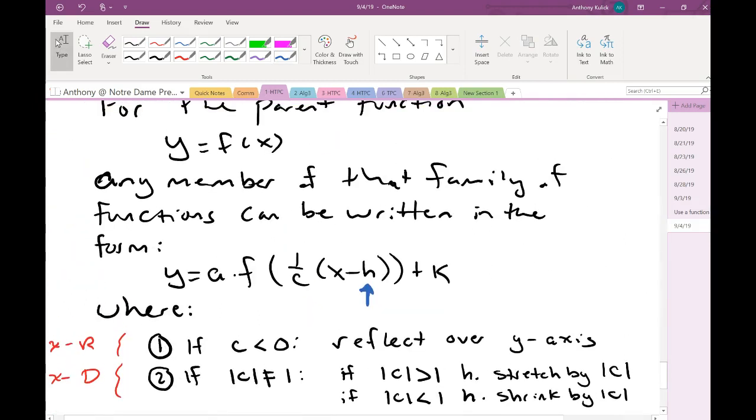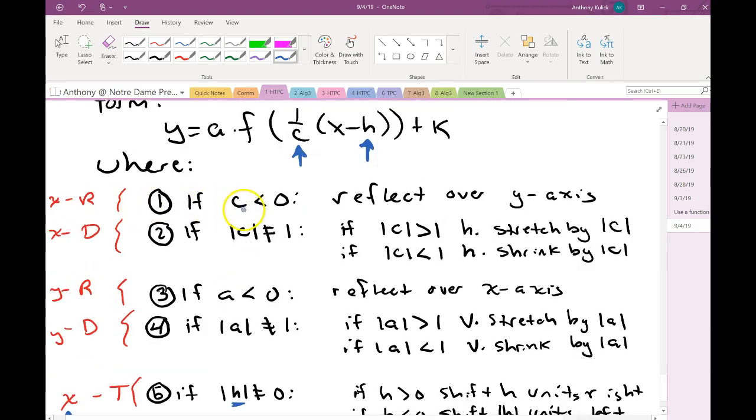What variable is the c interacting with? X, right? And when we talked about c's, notice that we're talking about the x's. Everybody agree with that? Okay?